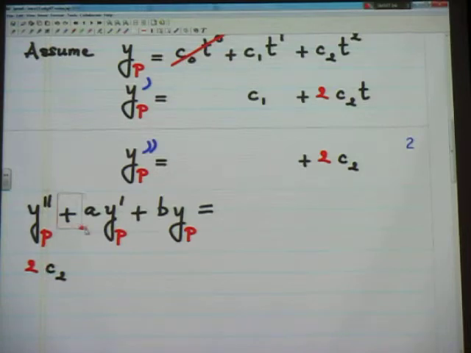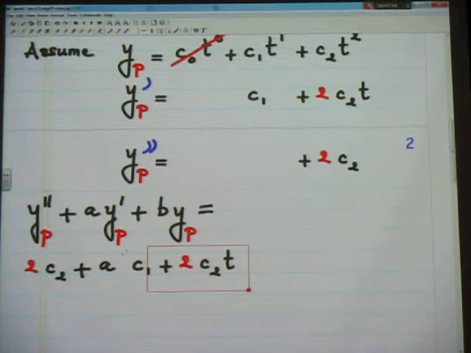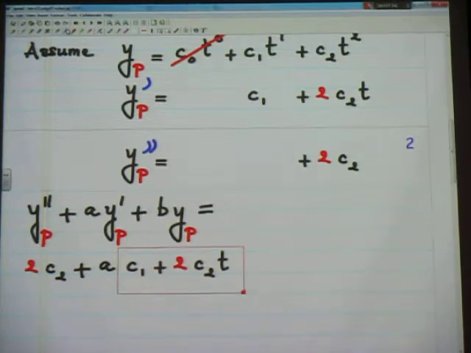And then plus A times YP prime, which is this one, and let me put parentheses in blue.